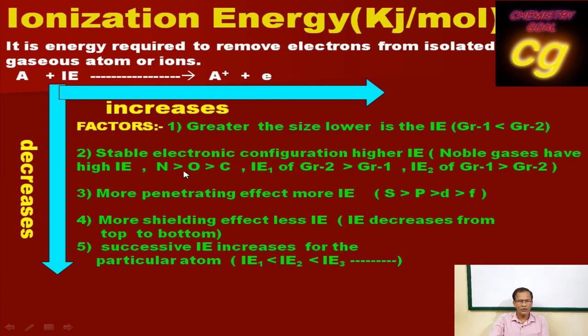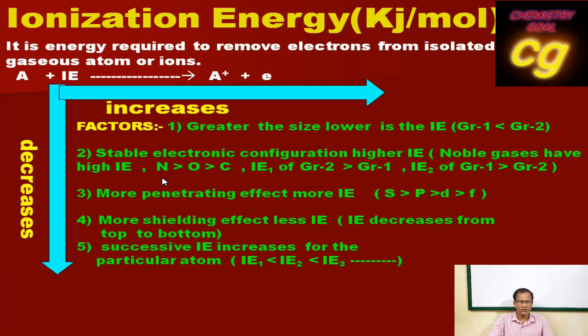Similarly, between nitrogen, oxygen and carbon, although nitrogen is larger in size than oxygen, it has high ionization energy due to its stable electron configuration. Nitrogen has a stable electron configuration because it has 2p3 configuration. 2p3 means half filled.